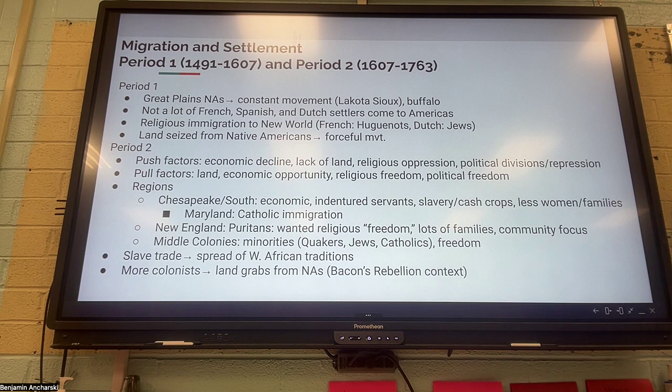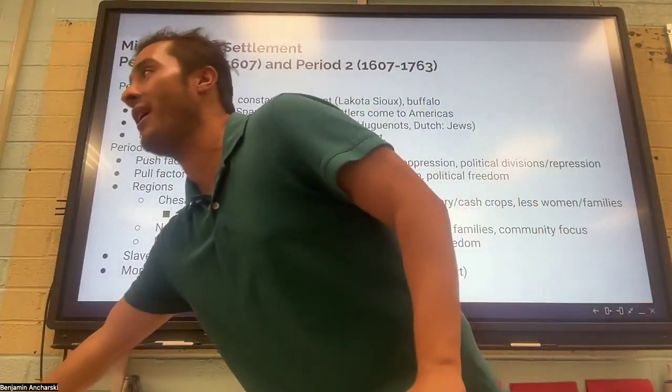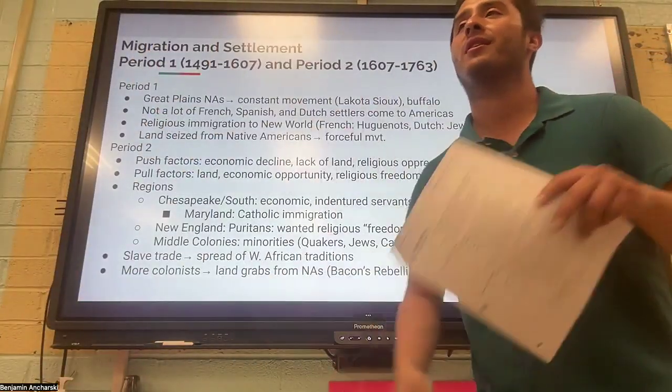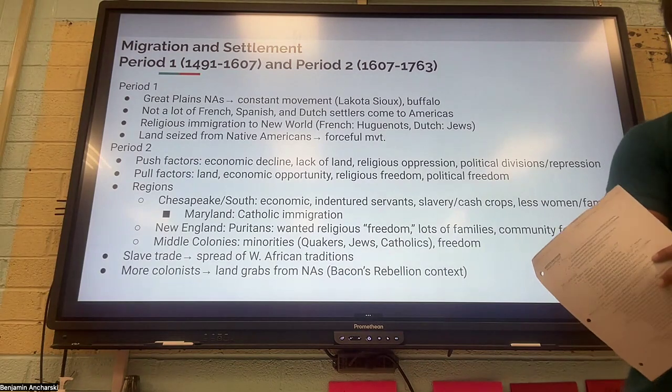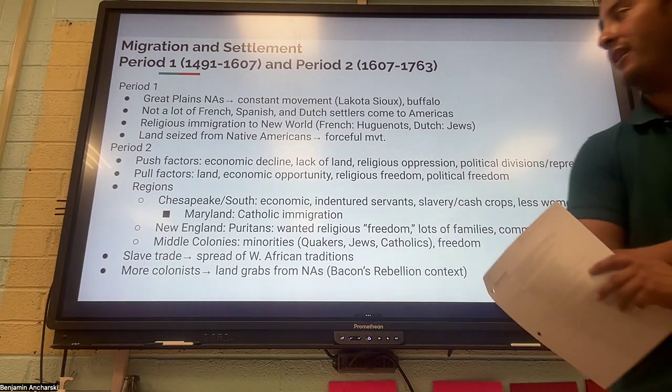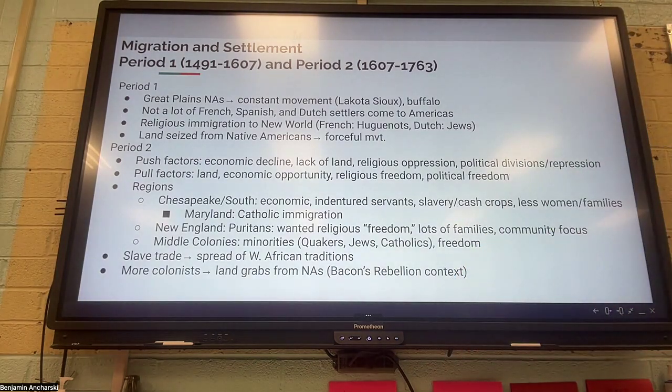Now, at the same time, due to the slave trade, a lot of West African traditions are being spread in places like the Indies, places like the Deep South. So we see the beginning of this syncretism of mixing traditional African styles of culture and dance with more European styles of Christianity or culture. A lot of this shaped the African American culture of the South to this day.